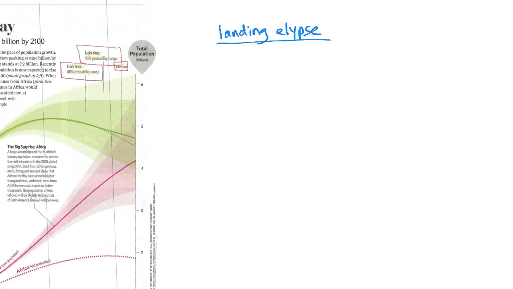So, in other words, in 1976, we had the Mars Viking lander. And there's a landing ellipse, which is very much like a confidence interval.